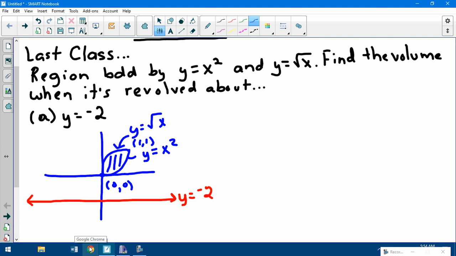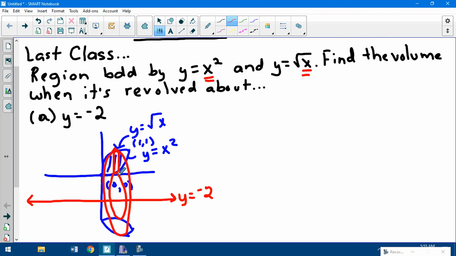And if you think of what the reflection would look like, we'd want our rectangle perpendicular to that axis of rotation. So is it going to be dx or dy? It's going to be dx, so we're in terms of x, so that's good. And you can see that I've got a washer because there's that middle section that's missing.